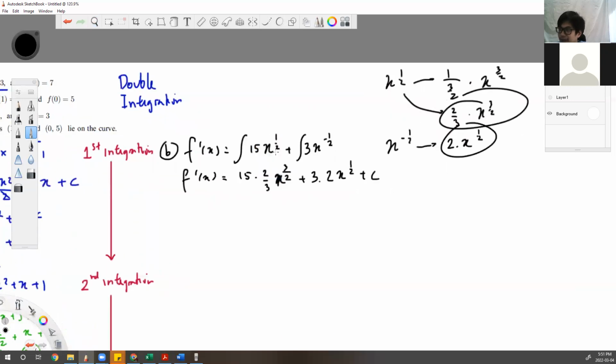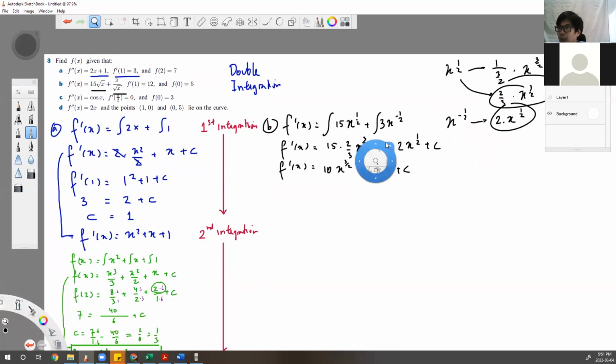And just simplify. f'(x) equals 10 x power 3 over 2 plus 6 x power half plus c. x is 1. f'(1) equals 12. So just combine 12 like this, right?